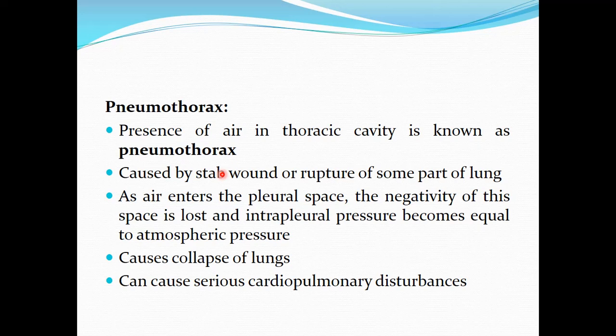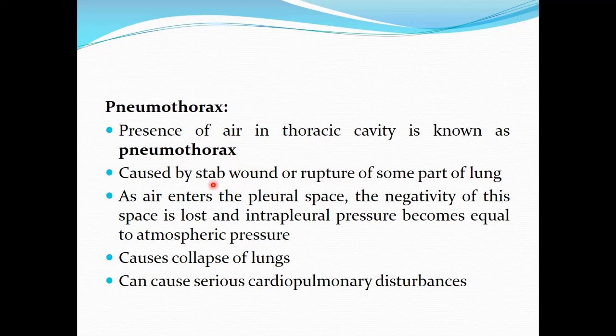If air enters the thoracic cavity, here by thoracic cavity we mean the pleural space, this condition is known as pneumothorax. Pneumo means air, thorax means thoracic cavity or the pleural cavity. So presence of air in the pleural cavity is known as pneumothorax.